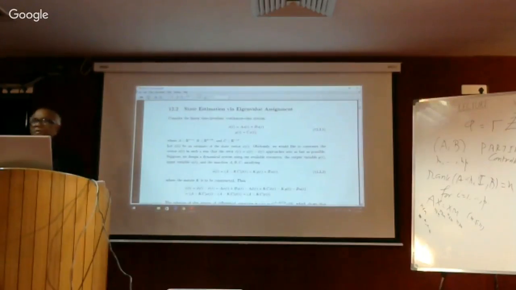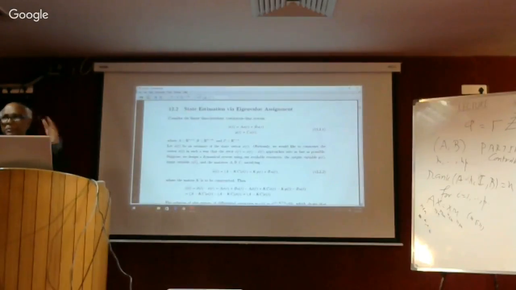Okay, what is state estimation? Probably many of you know this problem. Remember, we start with this linear system, right? x dot of t equals Ax plus Bu, y equals Cx. Now, remember when we constructed the feedback matrix K, we don't need to know the state.